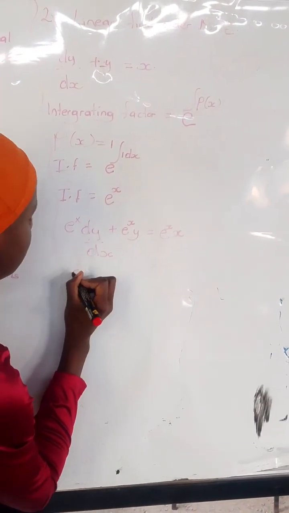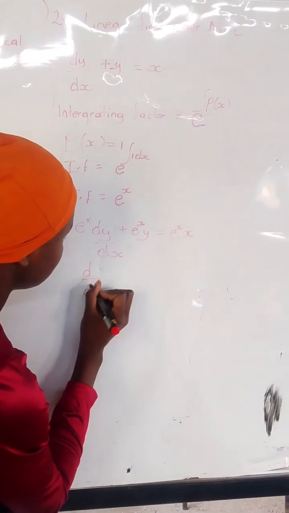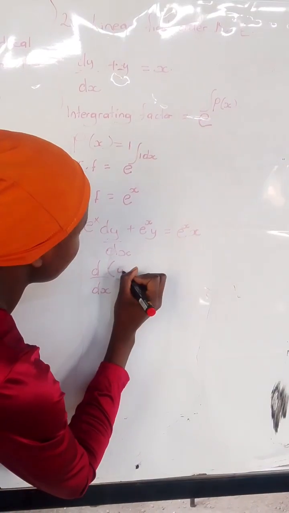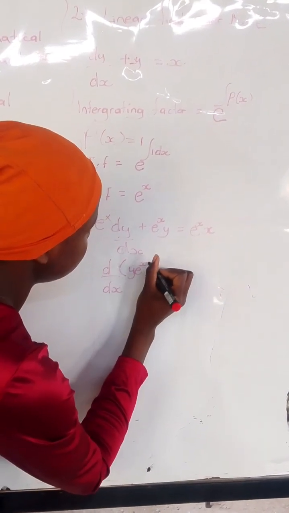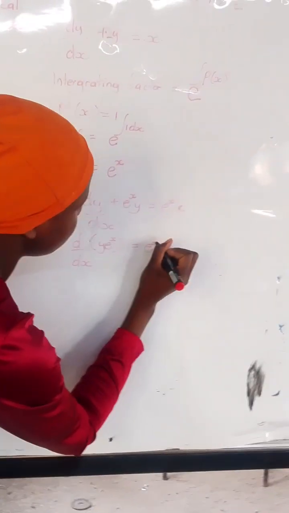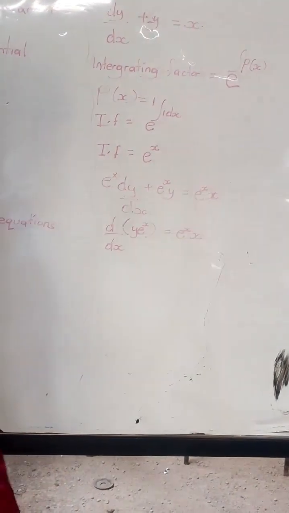But we can see that the left side was got from d/dx of y e^x, equaling e^x times x.